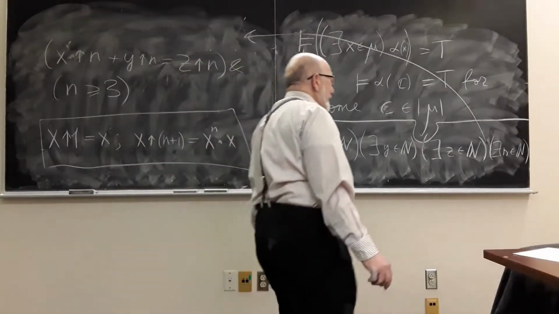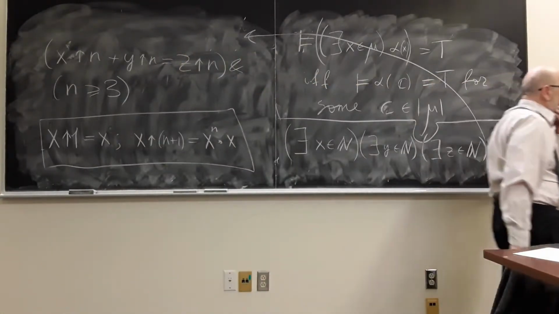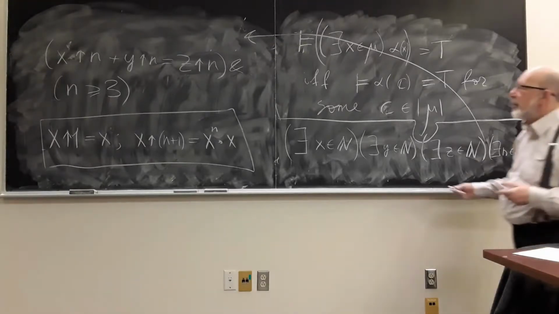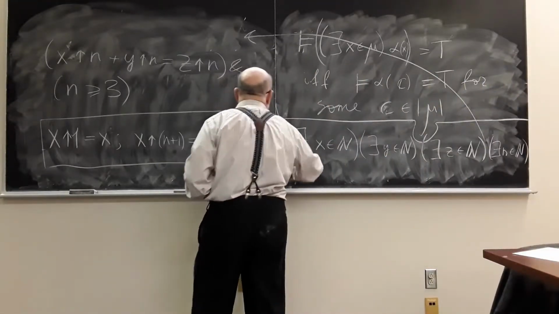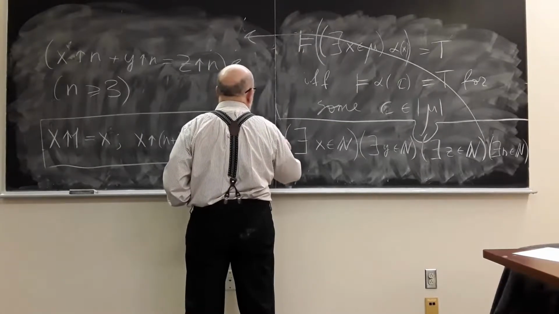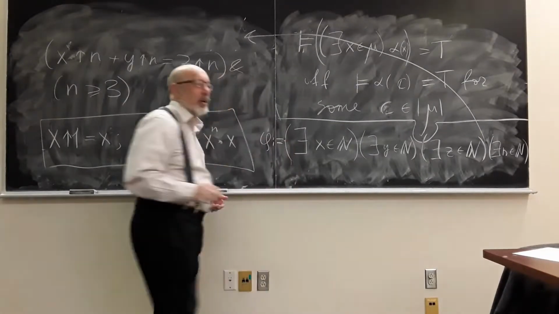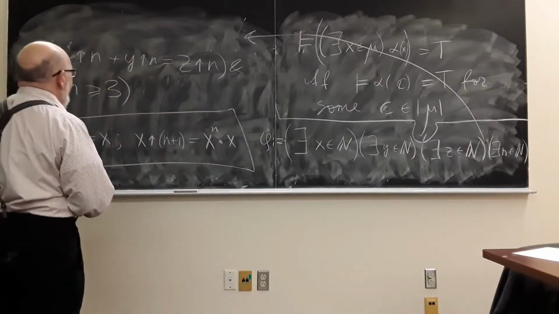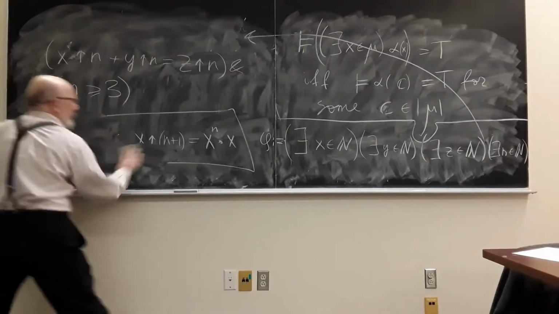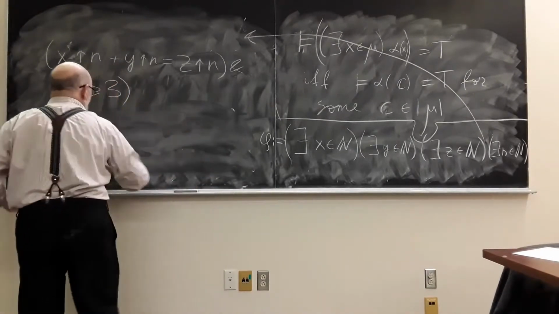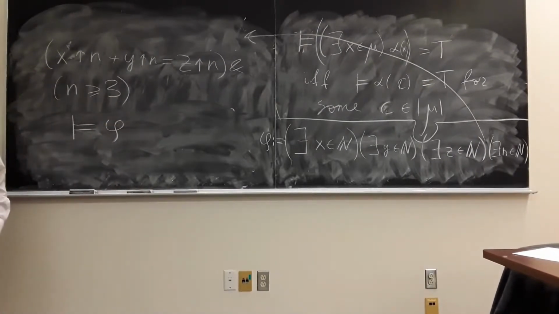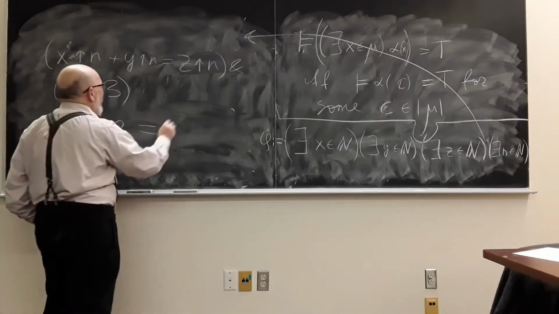No, this formula, I did not say that the formula is true. Let me call this formula phi, yes, in honor of Fermat, and then I say that the truth value of phi equals false.